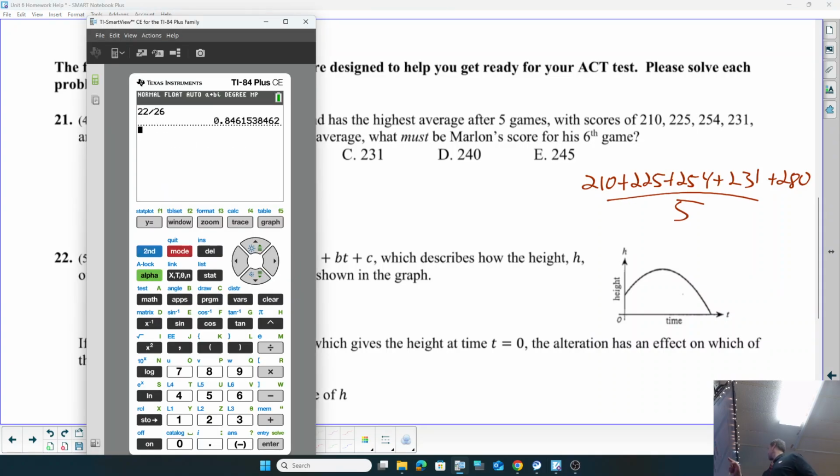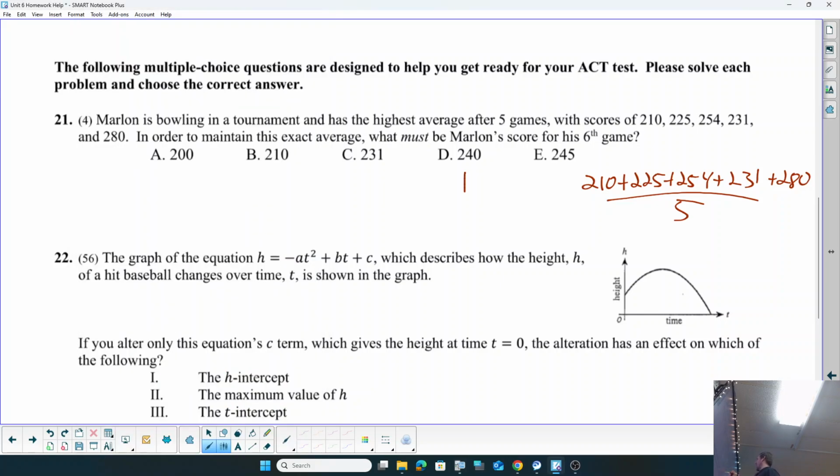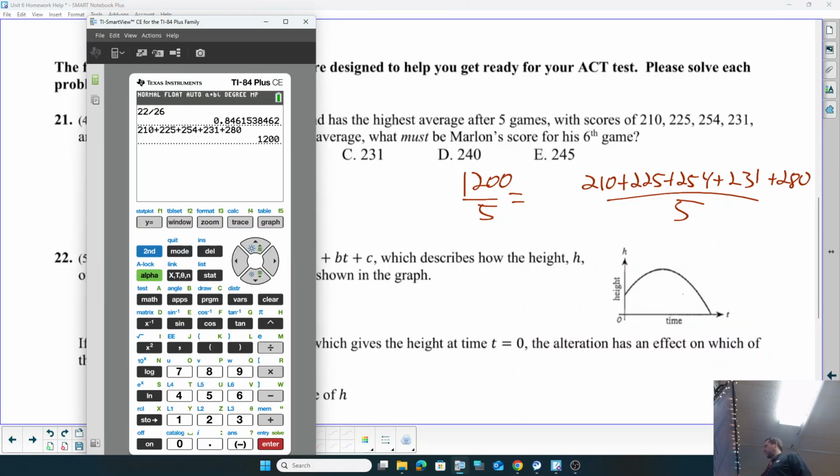So we got 1,200 total, divided by 5, gives us the highest average after 5 games. What is that average? So we got 240. So how do we maintain 240 basically, right?